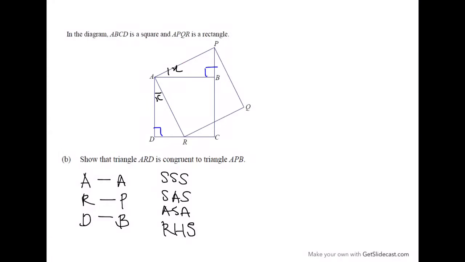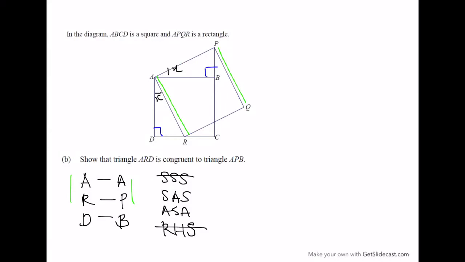We know that the opposite sides AR is the same as PQ, but AR is supposed to correspond to AP, so we cannot use the hypotenuse. So in this case, RHS is out. And since we already have one angle, SSS is also out, and we do not know the hypotenuse anyway.